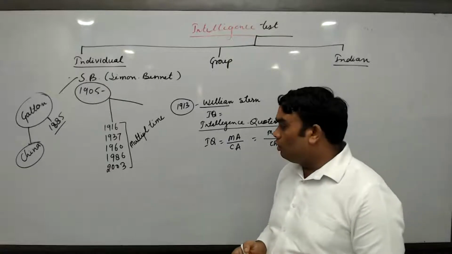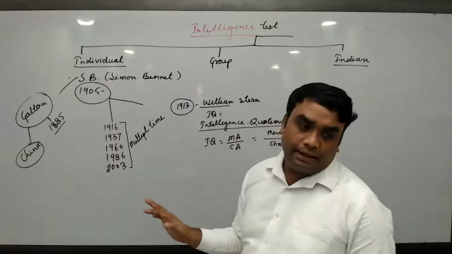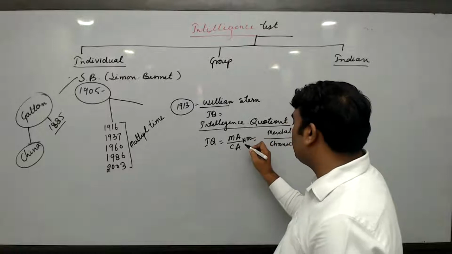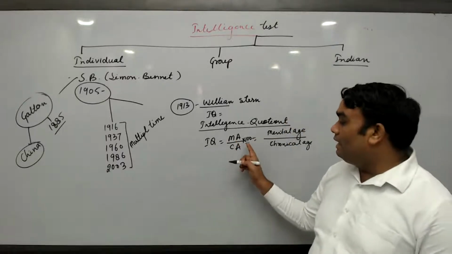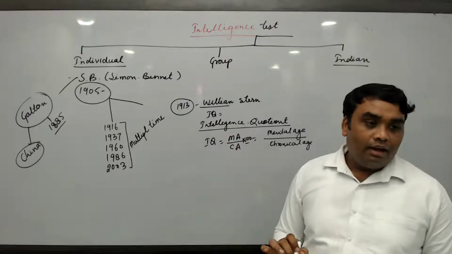Getting my points? So the concept was MA by CA, and this is multiplied by 100: MA by CA into 100. This concept was given by William Stern.